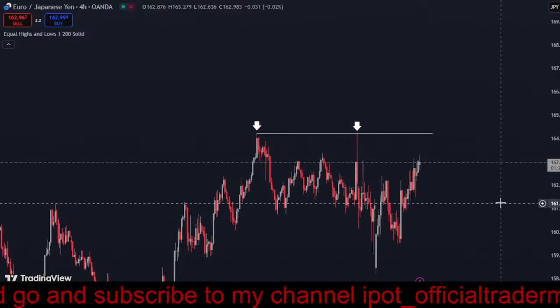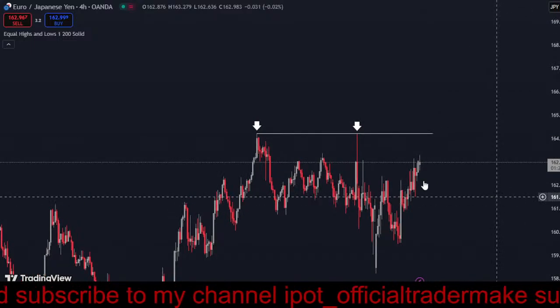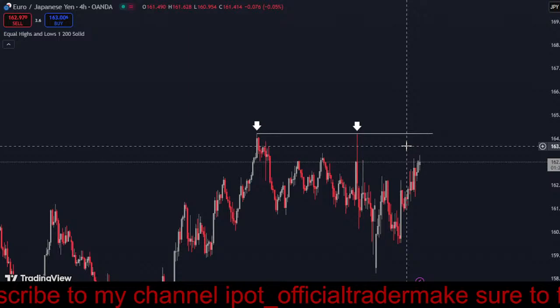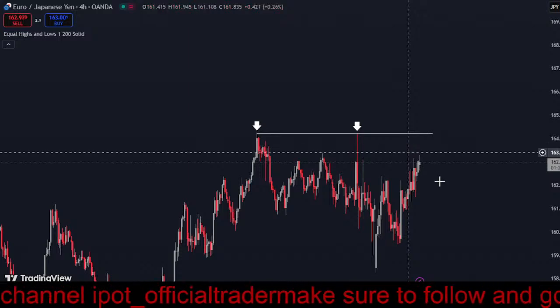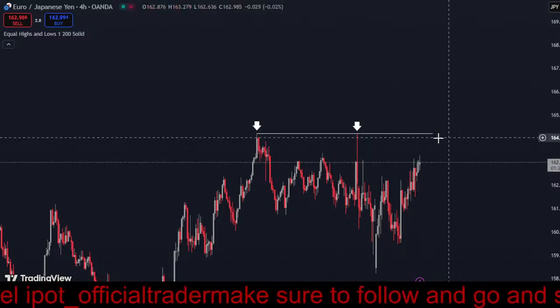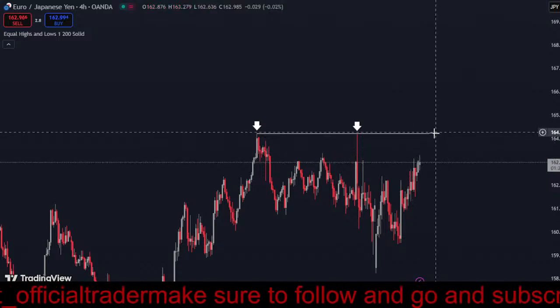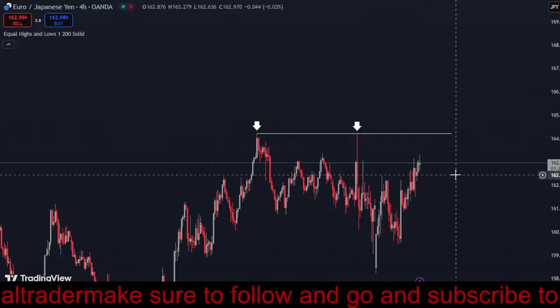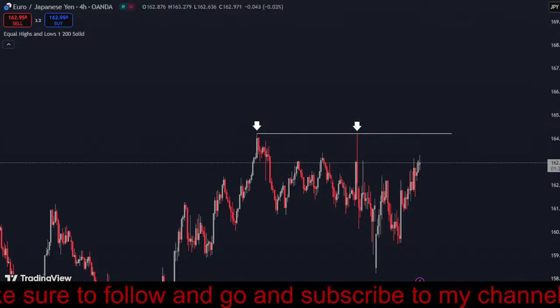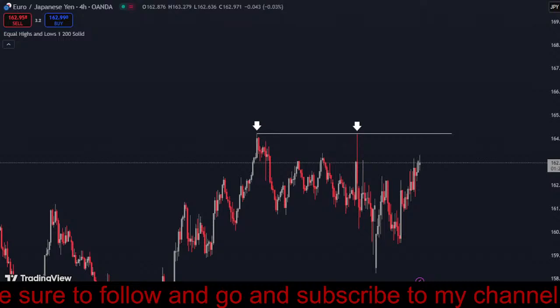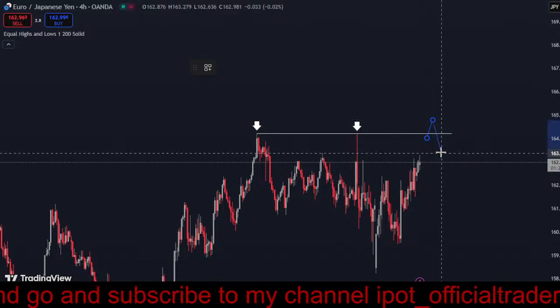But yeah, because we do have two equal highs, and two equal highs act as a rejection. But obviously we cannot talk about a rejection whilst the price is far from the rejection. So I'm not saying it's buying now, but what you could be looking at is a rejection around those areas.